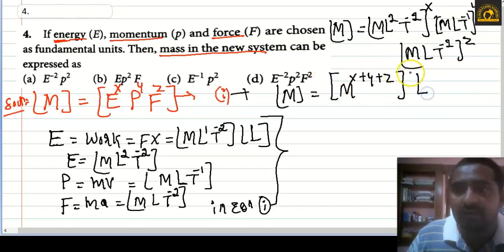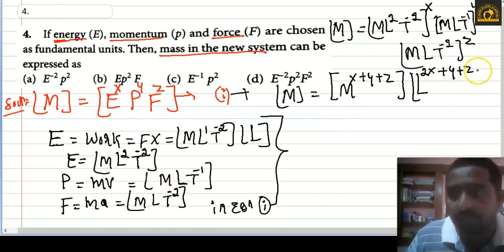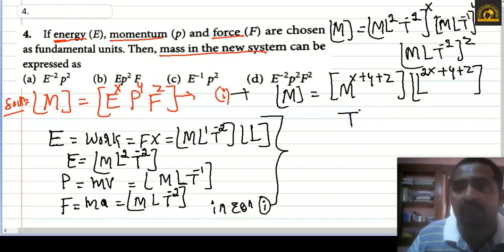Then L: the dimensional formula 2 into x, 2x, then 1 into y plus y, then 1 into z plus z. Then T to the power of minus 2 into x, minus 2x, then minus y, then minus 2z.